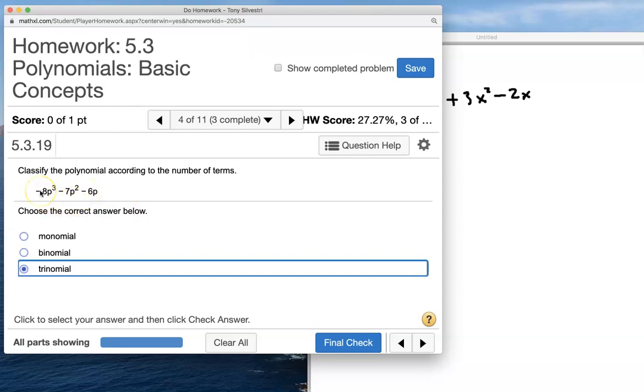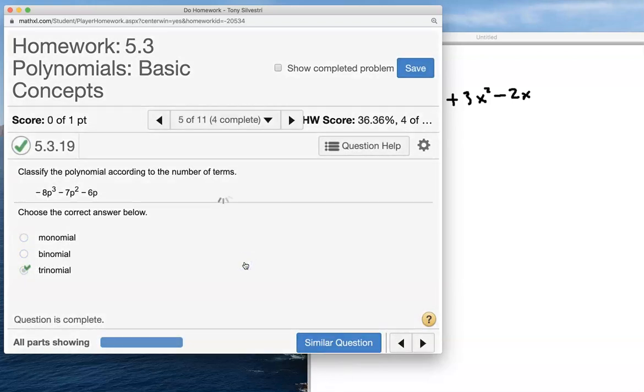And this minus sign doesn't separate anything. It's just the fact that the number in front of that p cubed is minus 8. But this is what you do. You just understand that pluses and minuses separate terms. And if that's the case, you got 1, 2, 3 different terms. That's a trinomial.